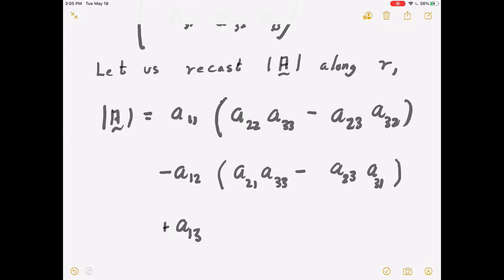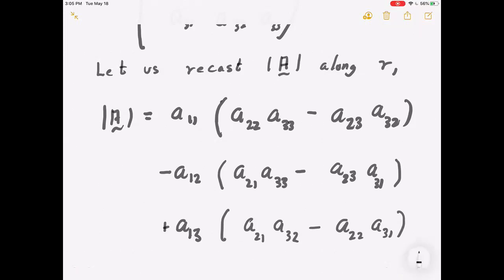And then my third and final term is going to look like a sub 2 1 times a sub 3 2 minus a sub 2 2 times a sub 3 1. And so you need to check the algebra. But this is just an algebraic way of rewriting something that we already know.